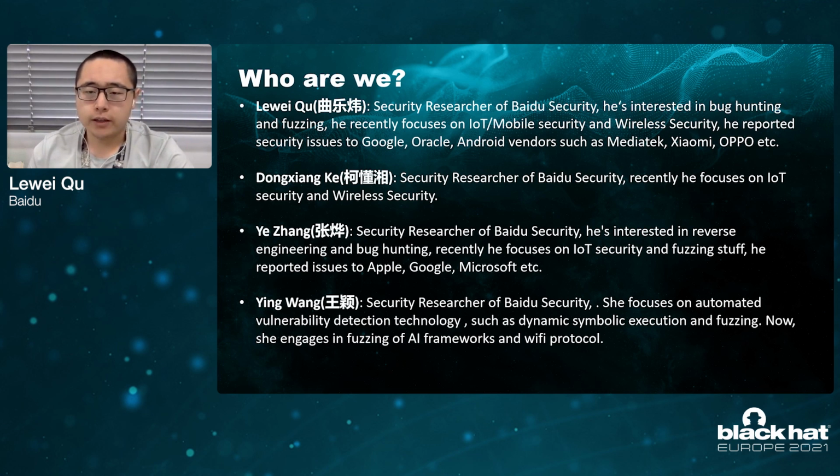He reported several issues to Apple, Google, Microsoft. Wang is a security researcher of Baidu Security. He focuses on automated vulnerability detection technology, such as dynamic symbolic execution and fuzzing. Now he engages in fuzzing of AI frameworks and Wi-Fi protocol.